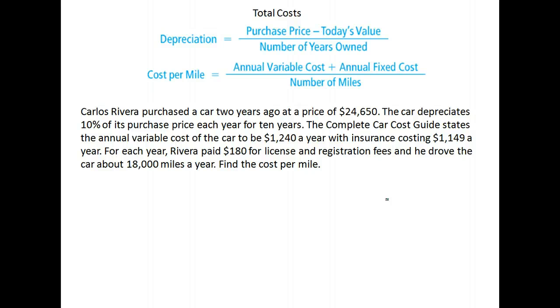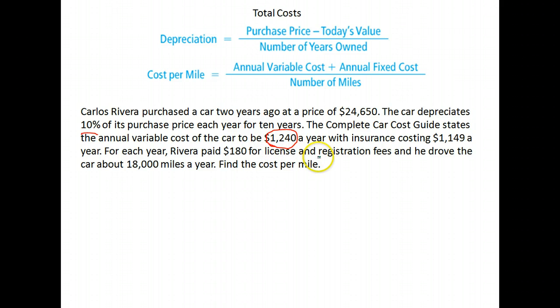Alright, so here's Carlos Rivera. He purchased a car 2 years ago. The price of the car was $24,650. It depreciates 10% of its purchase price each year for 10 years. Okay. The Car Complete Guide states that the annual variable costs are $1,240 a year.